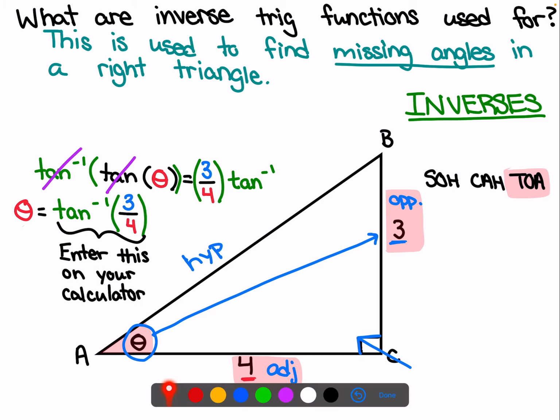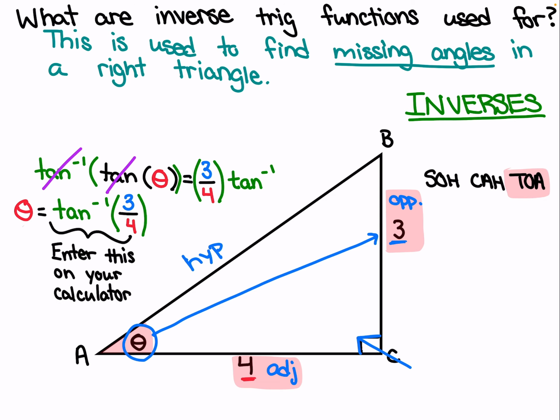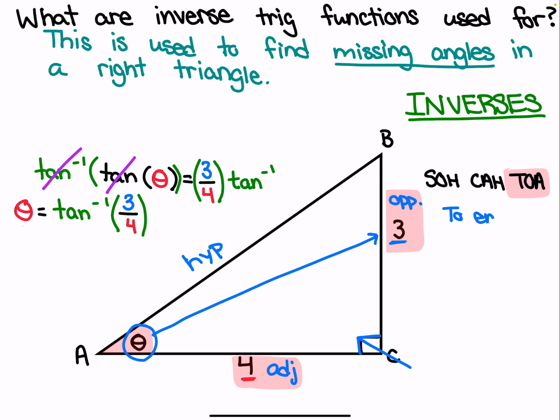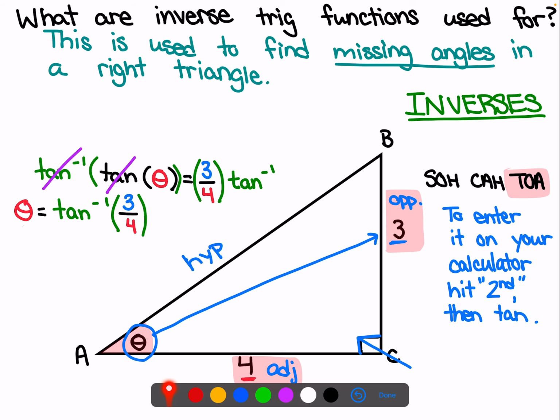Now to enter in inverse tangent on the calculator, if you have a TI-83 or above, you're just going to hit second in the top left corner, and then you're going to hit tangent. What that will do is give you inverse tangent.